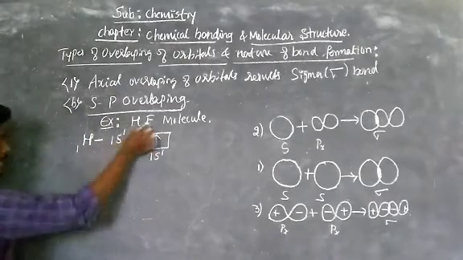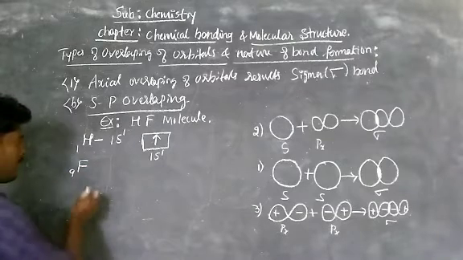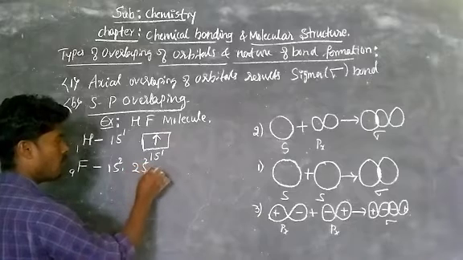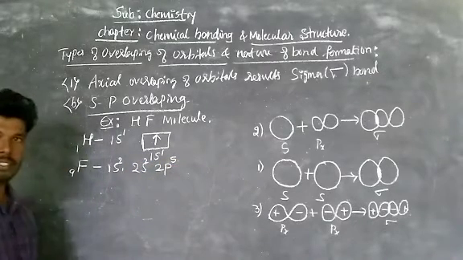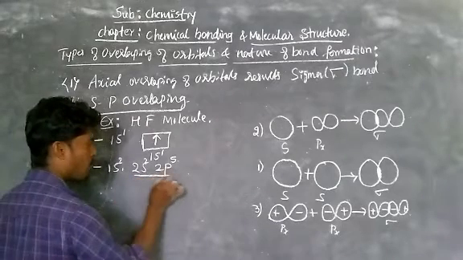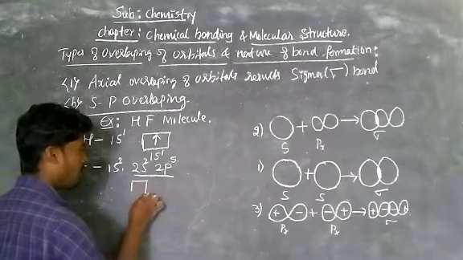Now take the second one, fluorine. The atomic number is 9, right? Write the electronic configuration: 1s2, 2s2, then 2p5. This is the electronic configuration of fluorine. Here the outermost shell is what? 2s2 and 2p. Write the electronic configuration in orbitals.